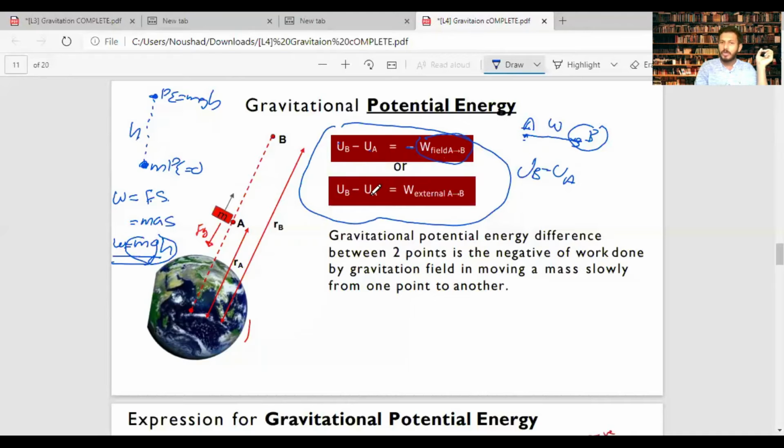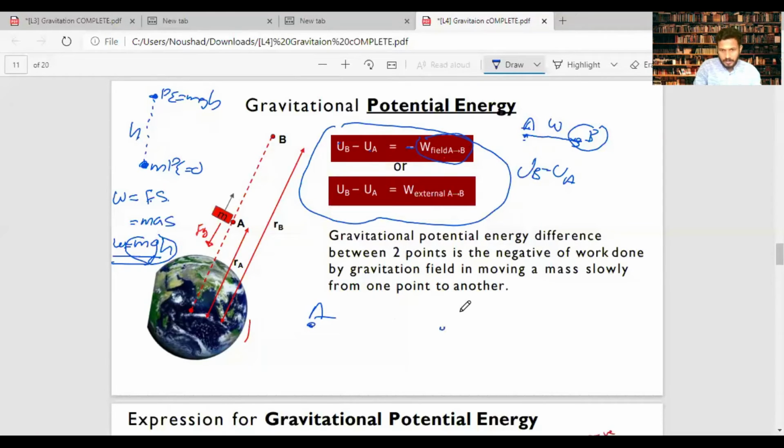Then UB minus UA is the work external from A to B, but the other is the work of the field from A to B. Both are different cases. Simply understand, there are two types of work: one is work done by the field and the next one is work done by an external force.